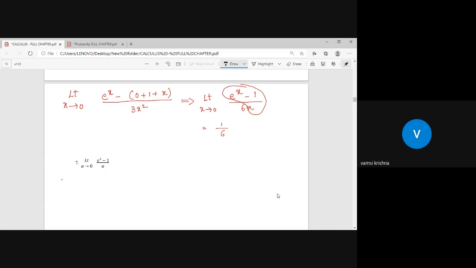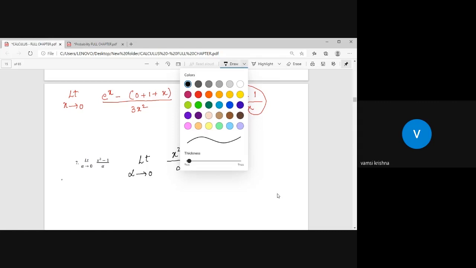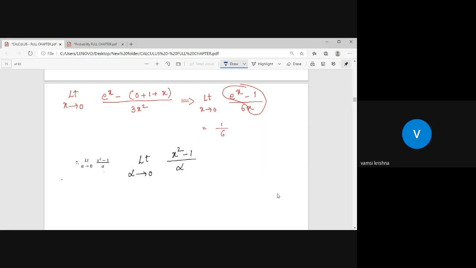Yes. Limit alpha tends to 0. The given question is limit alpha tends to 0, x square minus 1 by alpha. It's not x square, it is x power alpha, x power alpha.